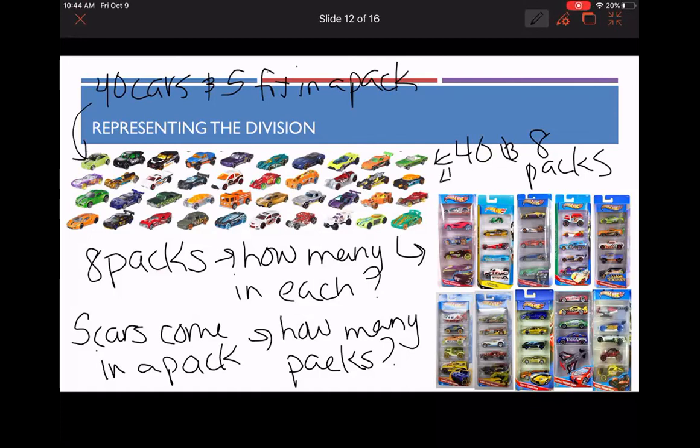Because this case would be 40 divided by 8, but this case would be 40 divided by 5, for the exact same pictures. So again, that's why the words along with the pictures, along with the numbers, that's what matters when they're all together, not any one individually.